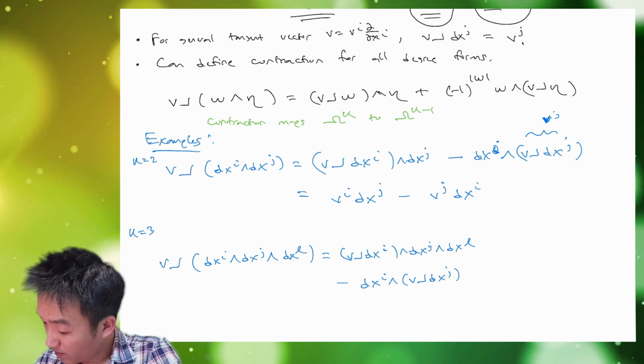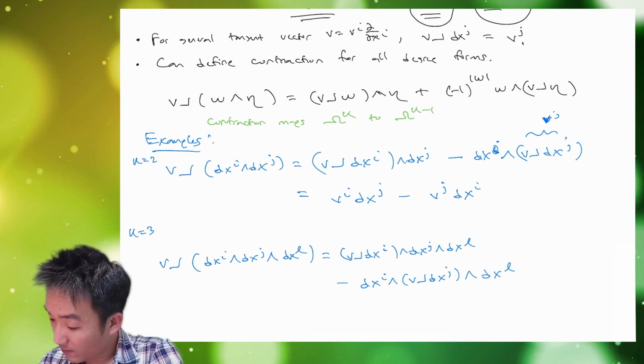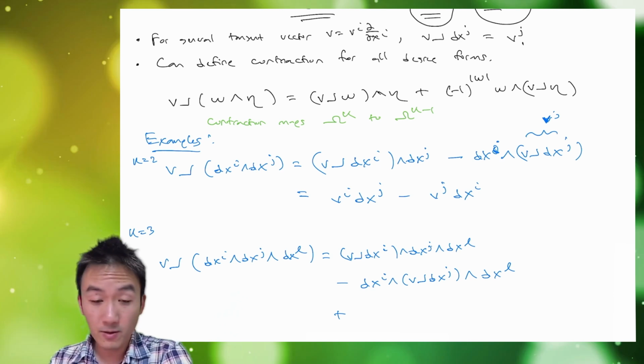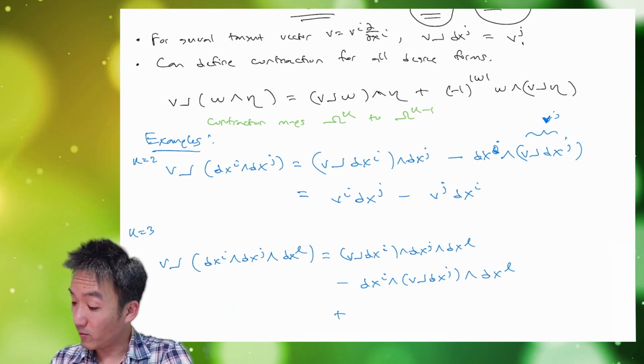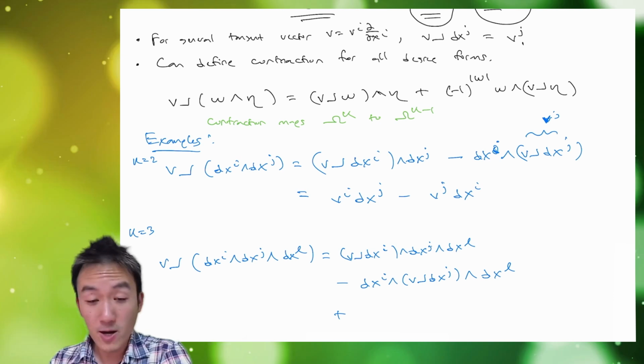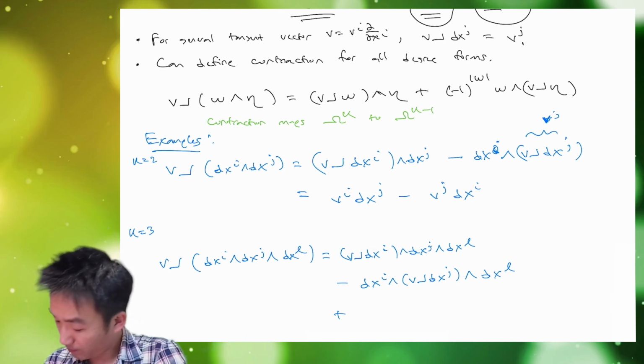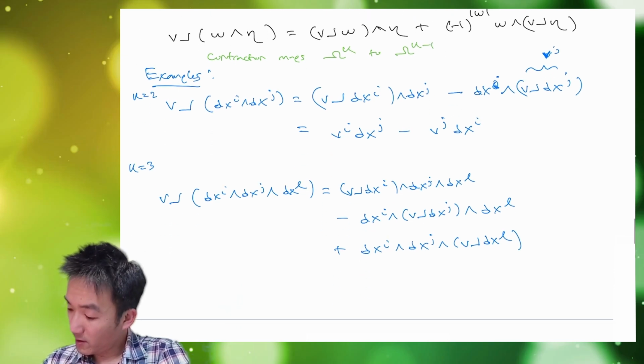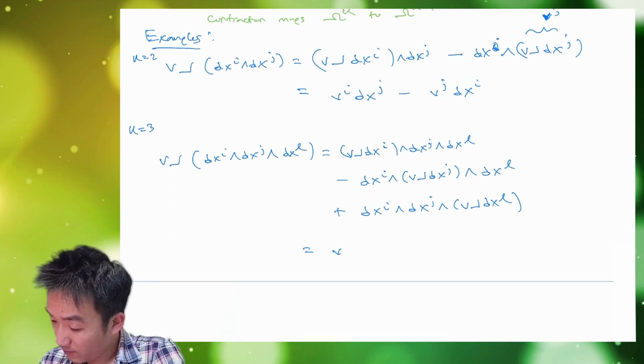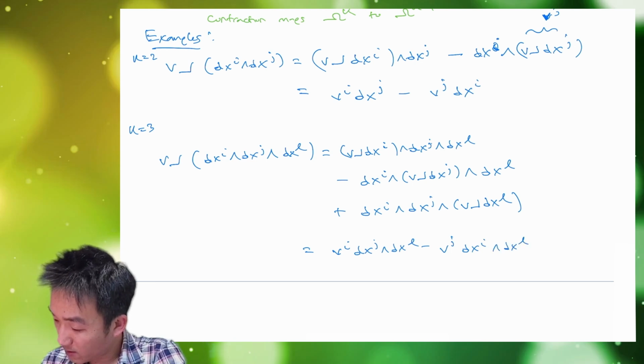Okay, now I have the middle term, and then finally I have the last term. And since I had to move v past 2 1 forms, I get 2 minus signs and then an overall plus sign. Okay, and then overall my final expression is vi dxj wedge dxl minus vj dxi wedge dxl plus vl dxi wedge dxj.